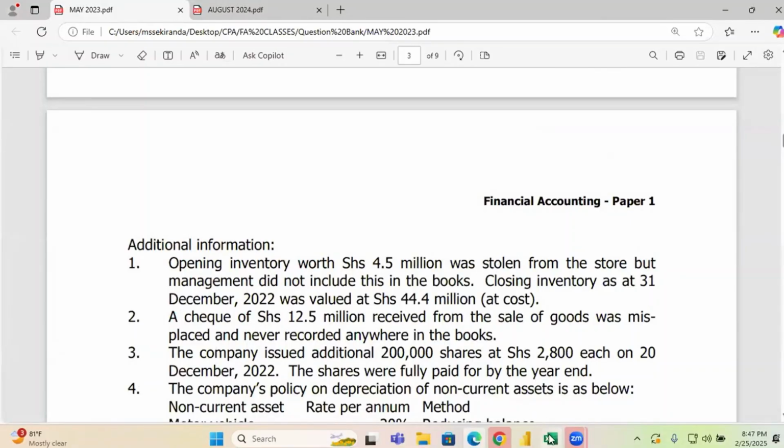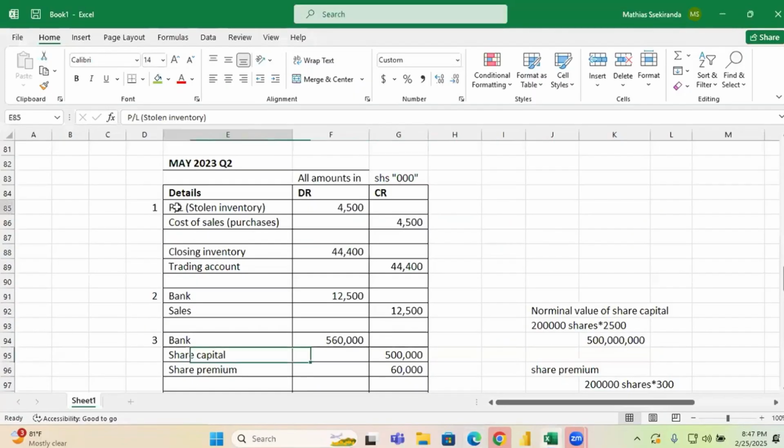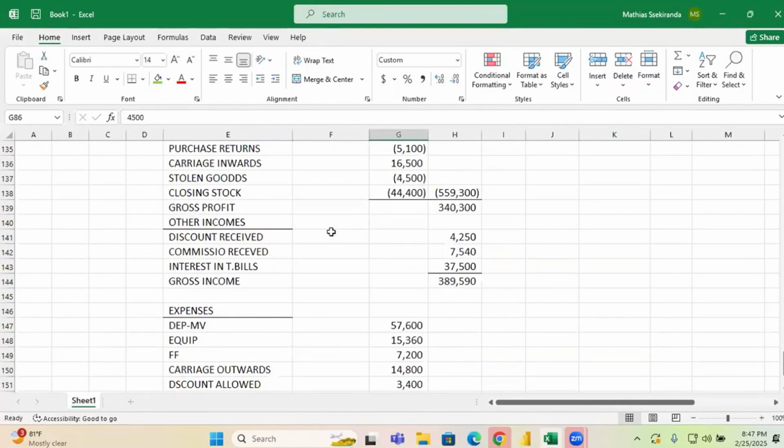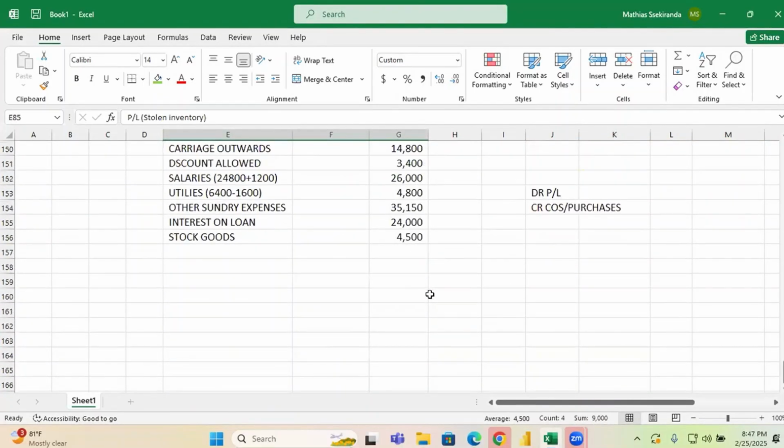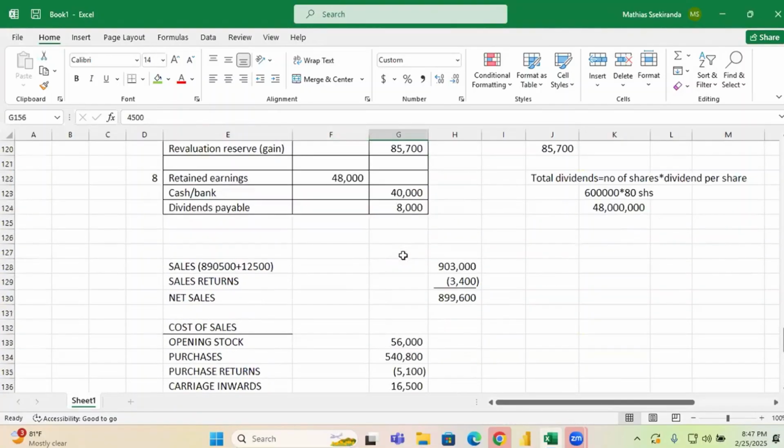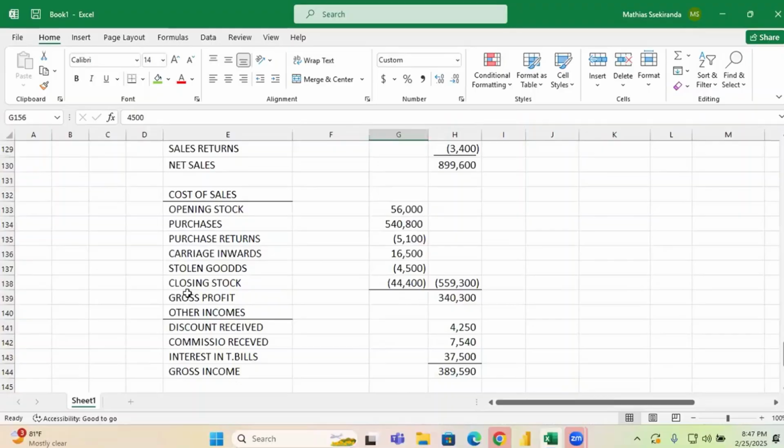These are stolen goods. And we passed a double entry by debiting stolen goods as an expense, because that is ideally an expense. Someone has taken the asset, the goods, then credit cost of sales. So what we did under cost of sales is to justify this entry: you recognize an expense under expenses, but at the same time you less stolen goods under cost of sales.